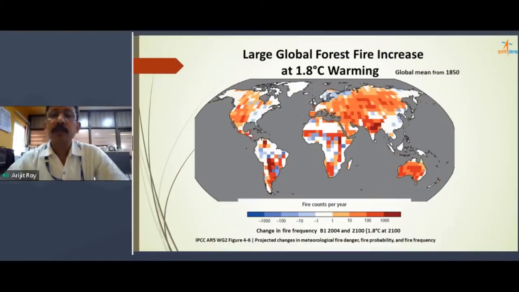Simulations have shown that many areas, especially in the tropics, like India, Latin America, and parts of Africa, will have more than 1,000 times the number of forest fires compared with a background mean of 1850. It means the Indian subcontinent is one of the areas which are going to face a huge impact of forest fires in the coming decades due to global warming.